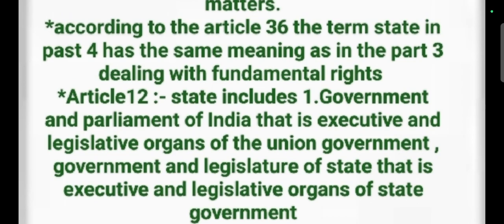Okay, so in fundamental rights, Article 12 tells about the state. It includes the government and Parliament of India, that is, the executive and legislative organs of the Union government, and the government and legislature of the states also, that is, the executive and legislative organs of the state government.